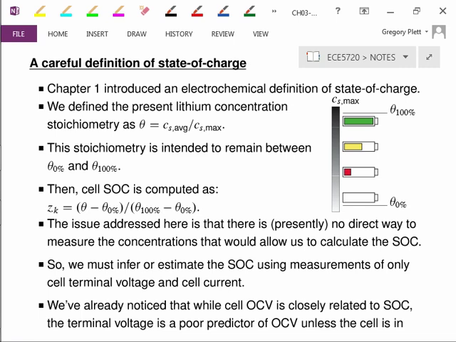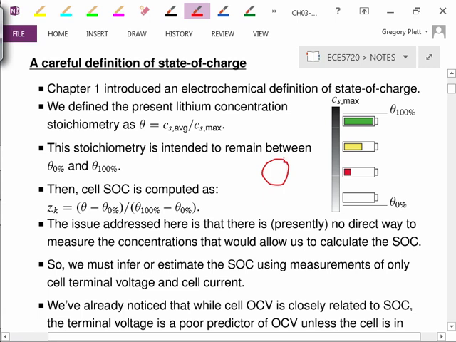When we looked at the chemistry of a cell, we said there's a bunch of particles in each electrode. And these particles were built of a crystalline lattice structure that had the desirable property that they were able to absorb lithium just like a sponge can absorb water.